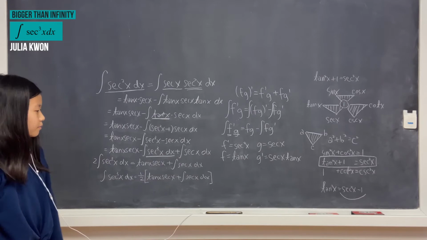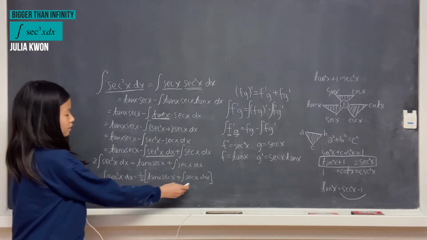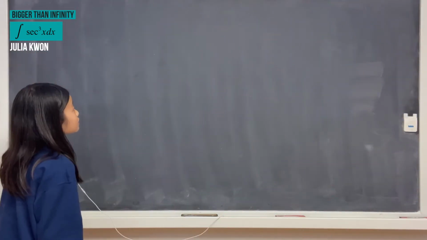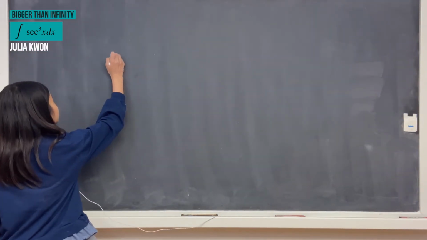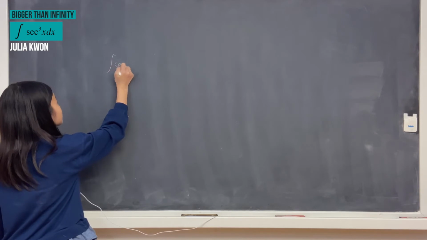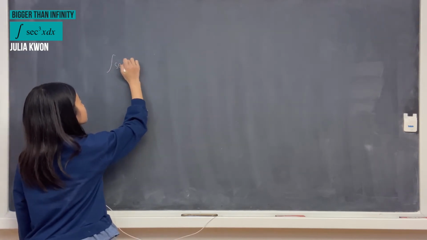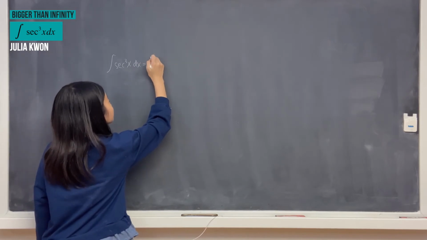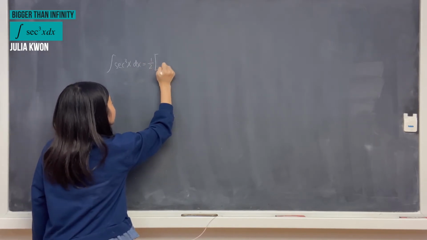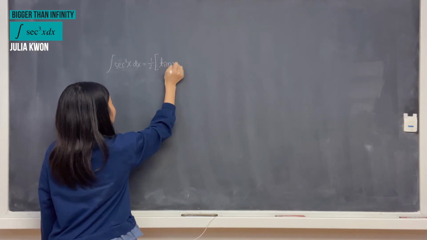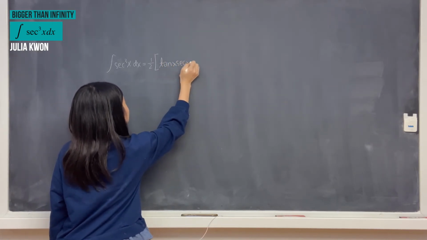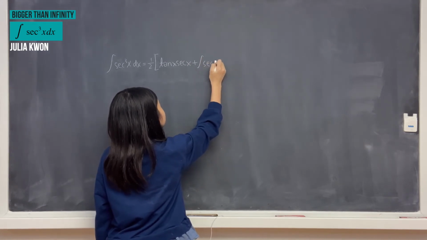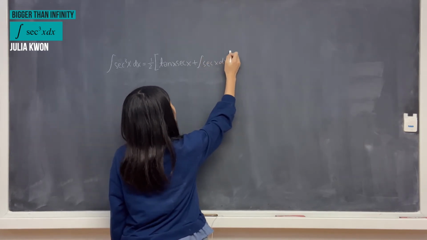So now we would just have to calculate the integral of secant x dx. So the last equation that we had was the integral of secant x cubed dx equals 1/2 times tangent x times secant x plus the integral of secant x dx.